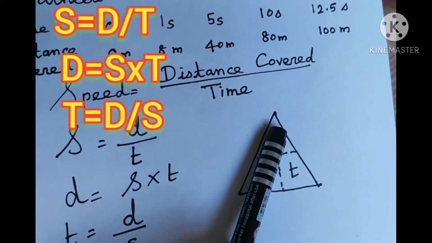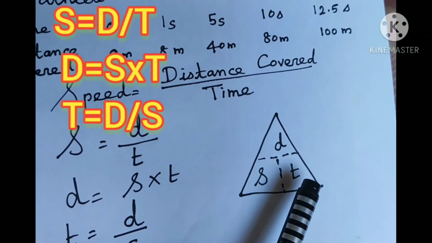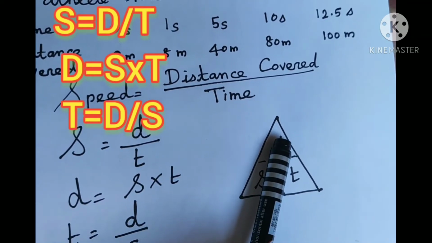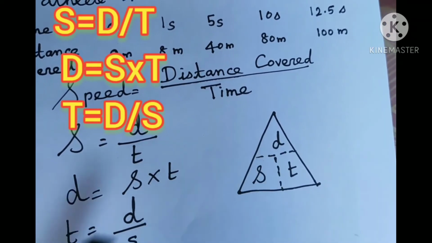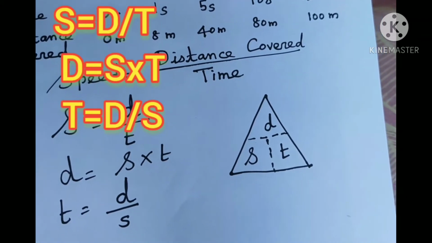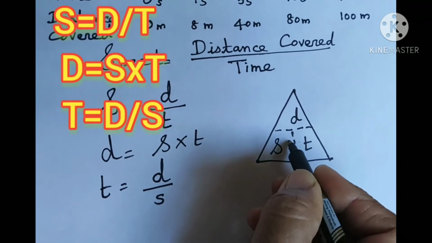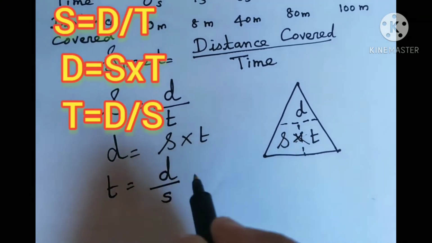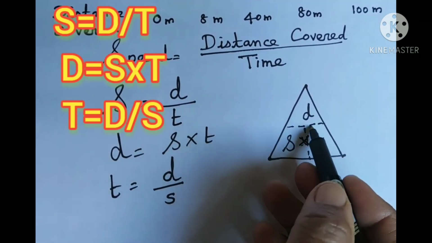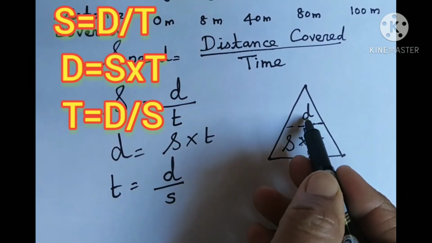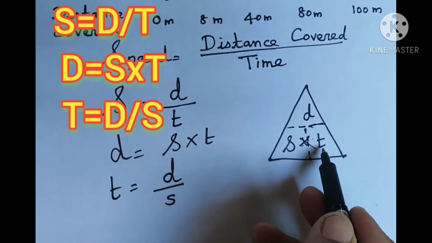Speed is equal to distance upon time. Then distance is equal to speed multiplied by time. You can write the multiplication sign here, so speed multiplied by time.